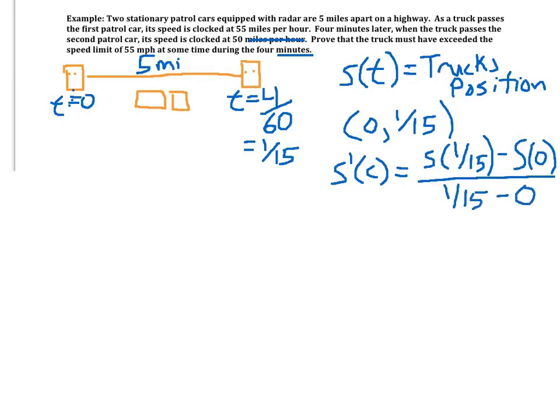So there is our mean value theorem. So it's saying at some point on that interval, there's going to be a point where s prime of c is equal to this right here.